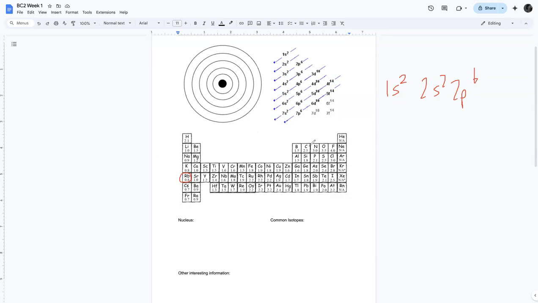That gets me up to 10. I'm now at neon. 3s2. I'm now at magnesium. 3p6. I'm now at argon. 4s2, that gets me to calcium.